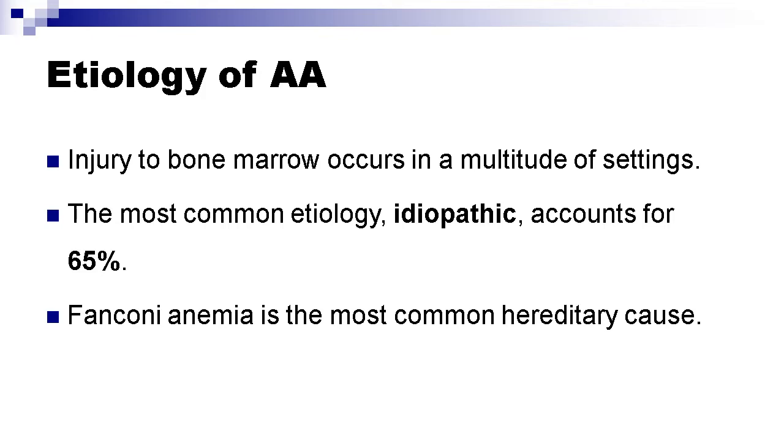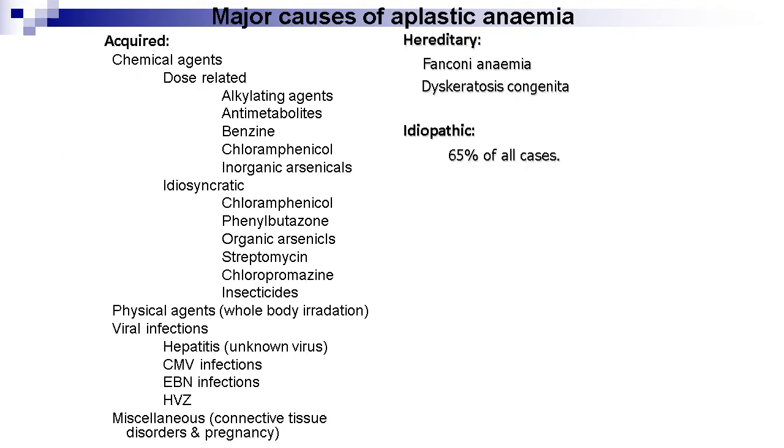Fanconi anemia is the most common hereditary cause of aplastic anemia. These are the major causes of aplastic anemia. As you see, idiopathic causes account for most of the cases, about 2/3 of the cases.